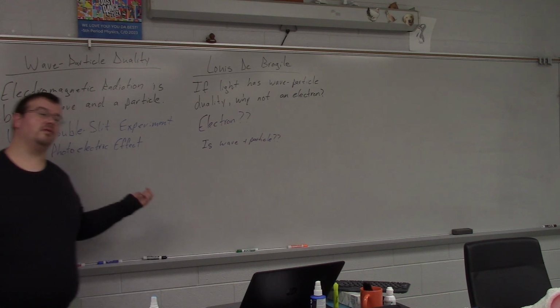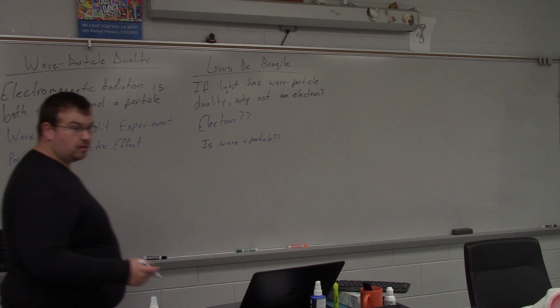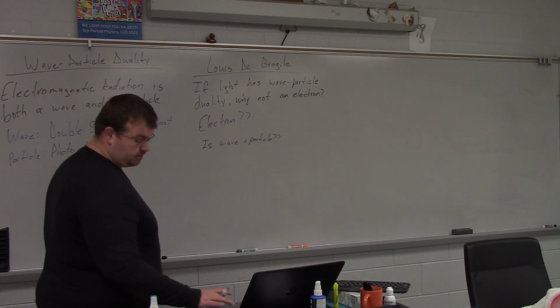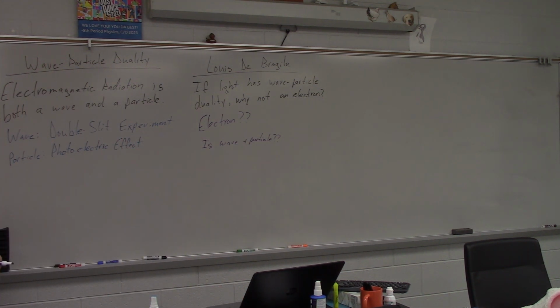So this is where the world gets freaky and weird for you. Because we have an experiment, you're very familiar with it, that we can do to prove whether something is a wave or a particle. Ah, right there. So guess what scientists decided to do?